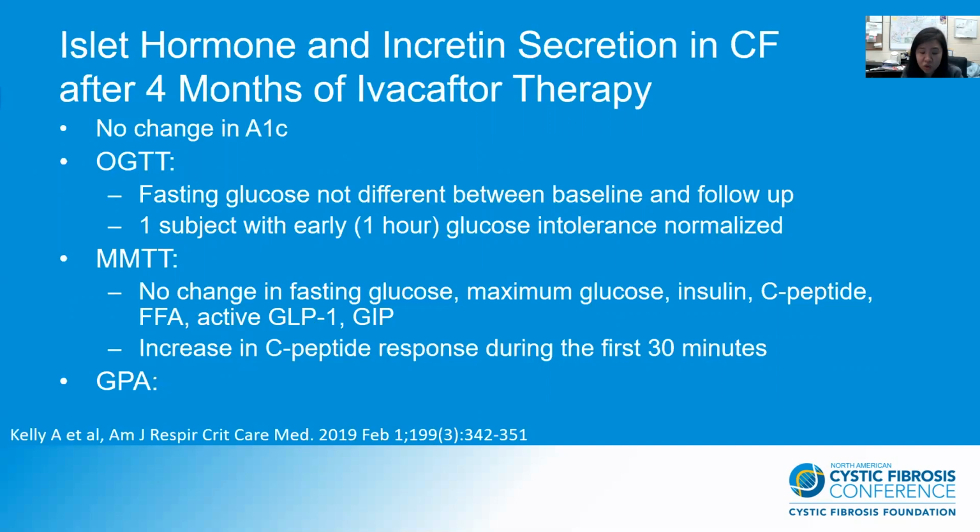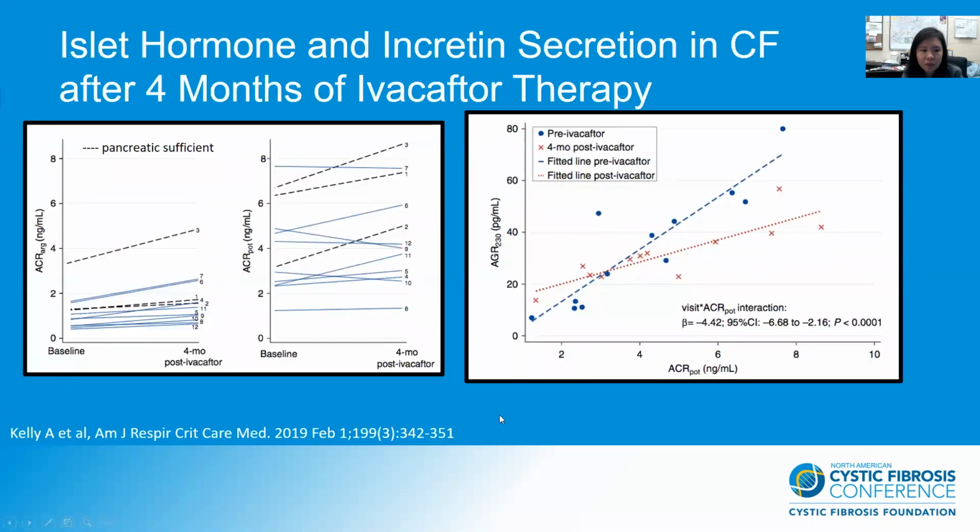With regards to glucose potentiated arginine testing, there were 2 interesting figures that I wanted to pull out from the paper here. So on the left panel, you can see acute C-peptide responses to arginine during fasting conditions on the left and during hyperglycemic clamp conditions on the right.